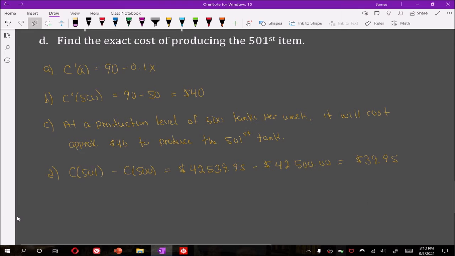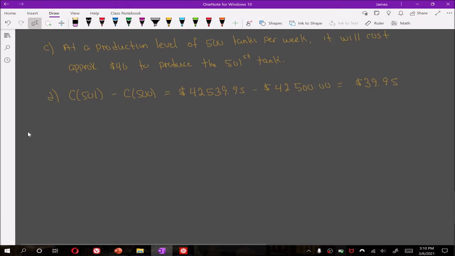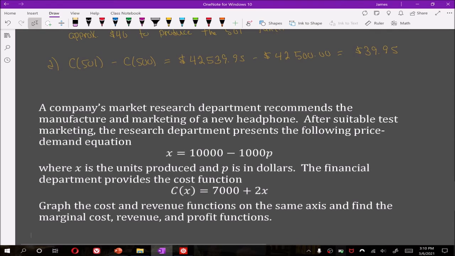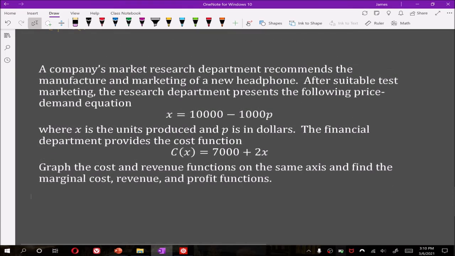For our second example, let's take a look at this. So it says that company's market research department recommends the manufacture and marketing of a new headphone.